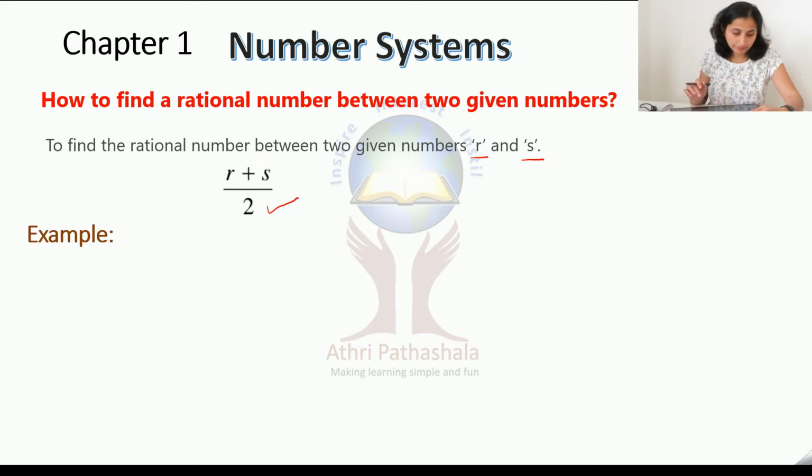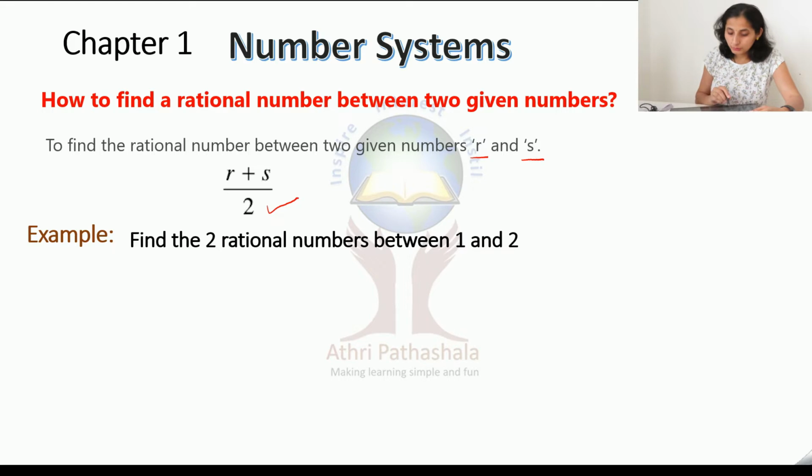Take one example. Find two rational numbers between 1 and 2. So take the number line with 1 and 2. We have to find two rational numbers between 1 and 2.